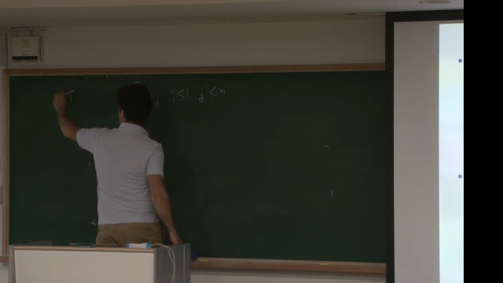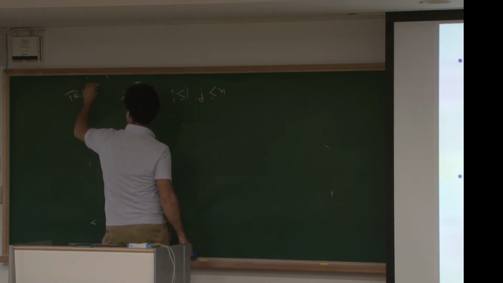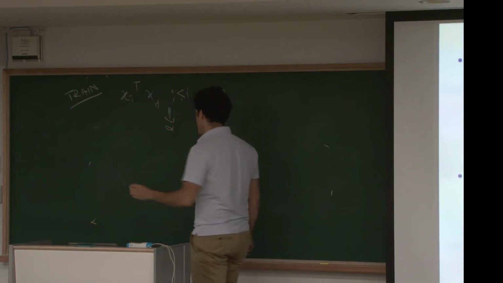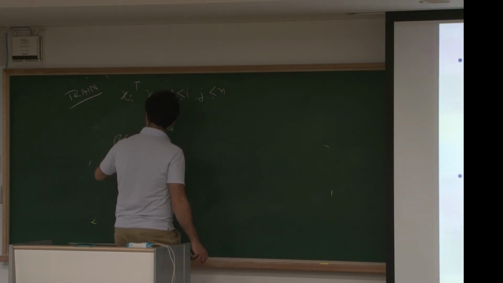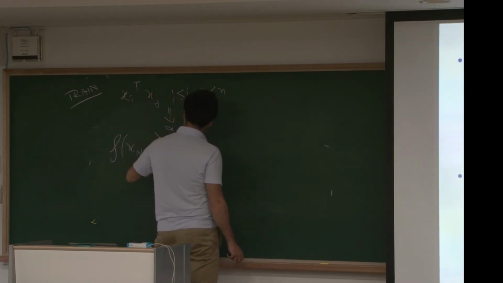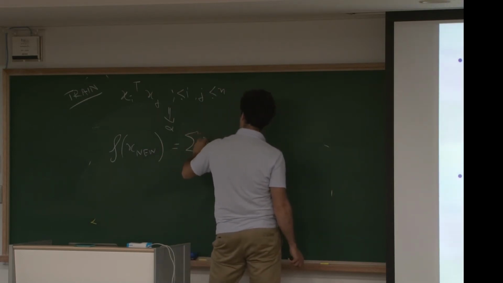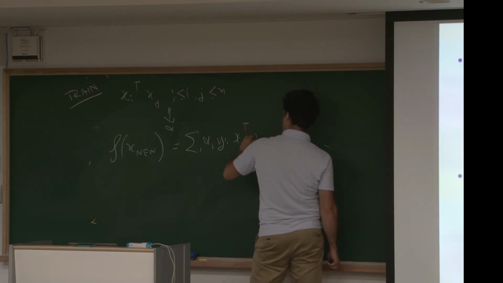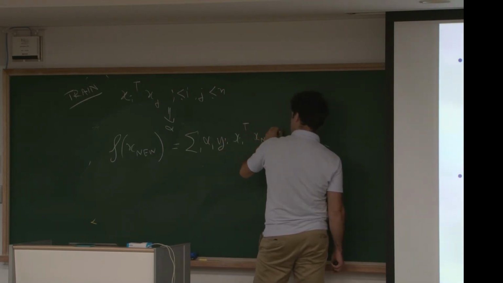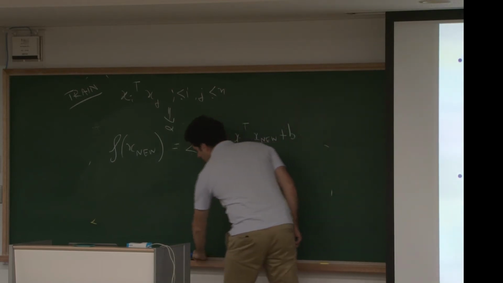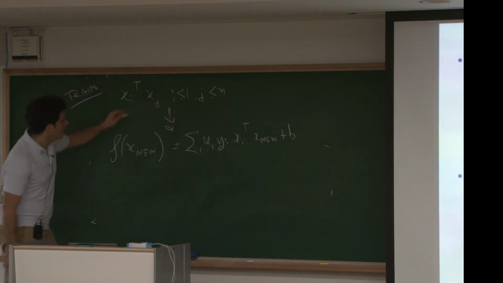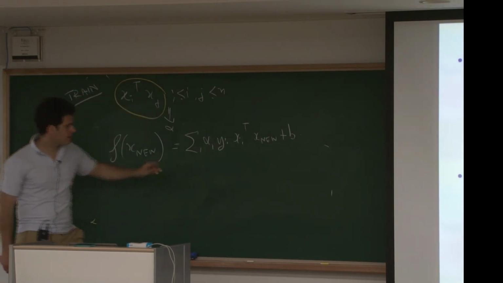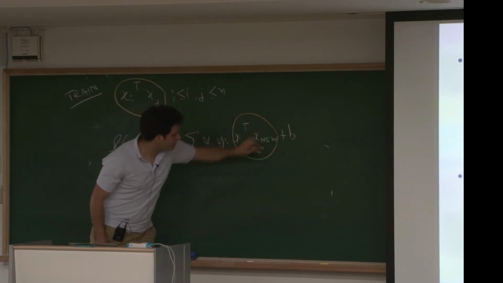This is when you train to get alpha. Once you have alpha, the function for a new point, x new, is just the sum of alpha i yi xi transpose x new plus b. This appears in the dual, and this appears in the prediction.